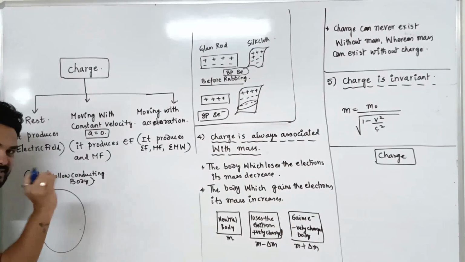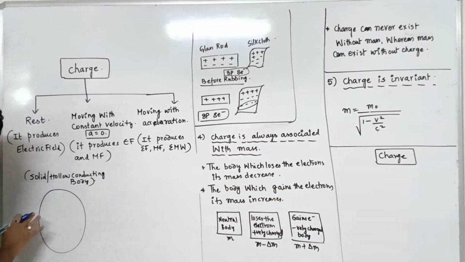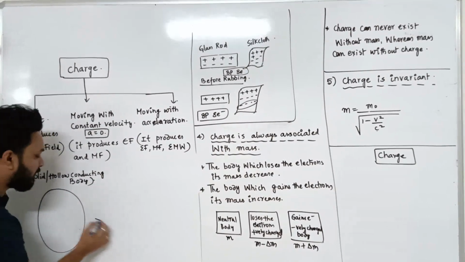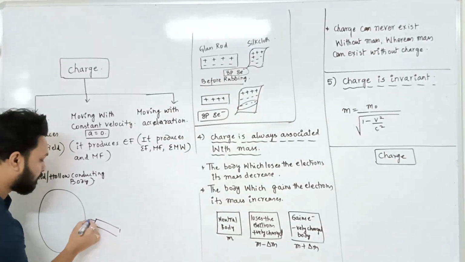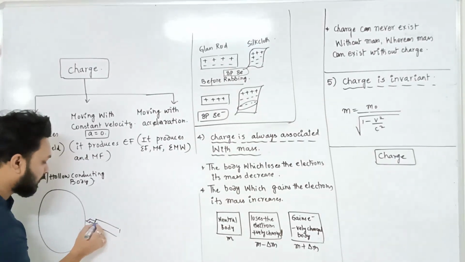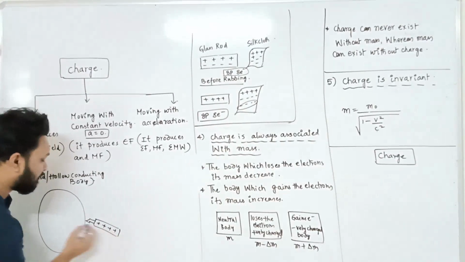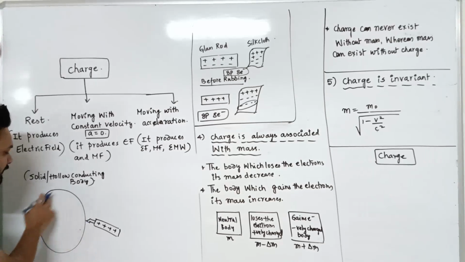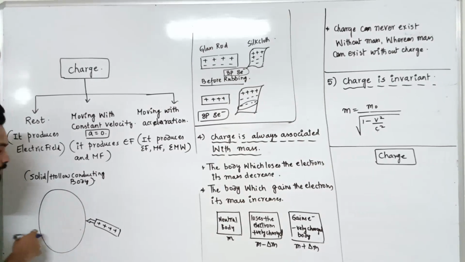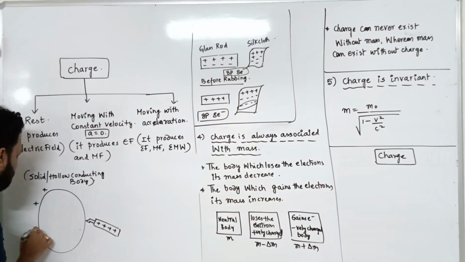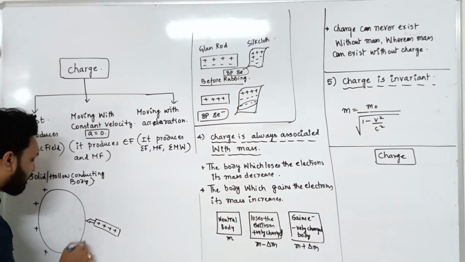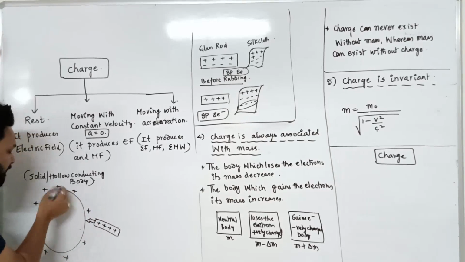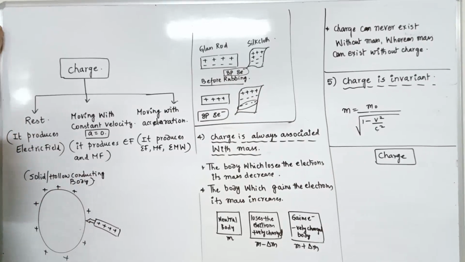If I inject a charge inside this hollow or solid conducting body, suppose a positive charge we are injecting in the body, whatever excess charge we inject in the solid or hollow conducting body will come to the surface and reside on the surface of the body.